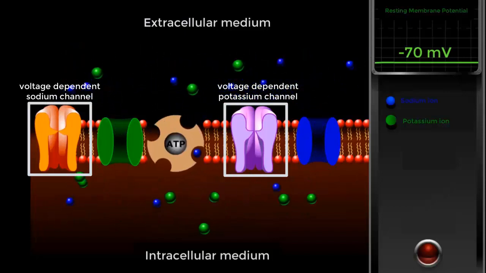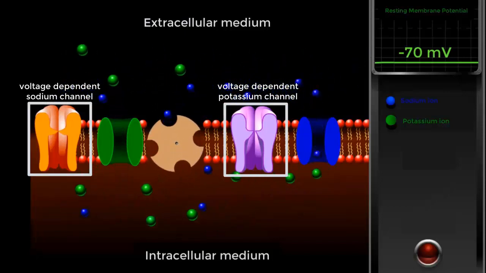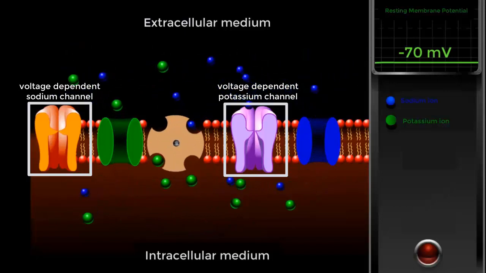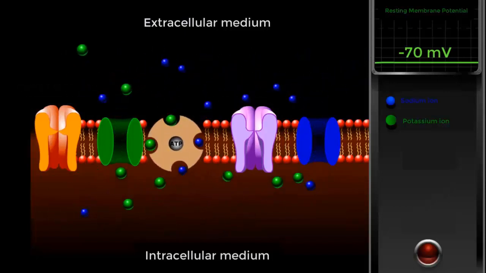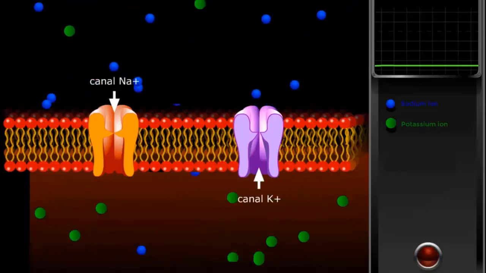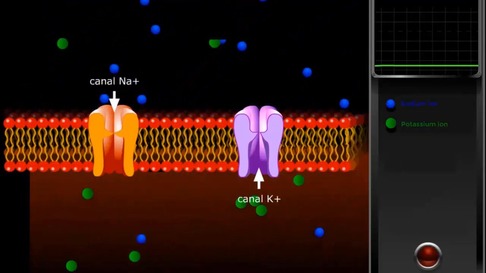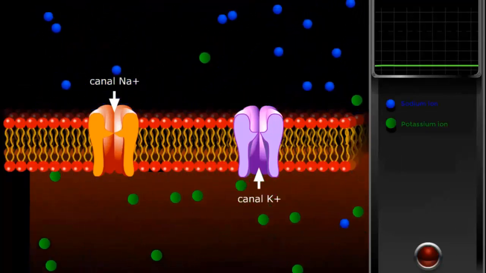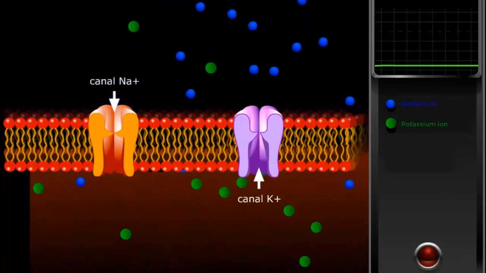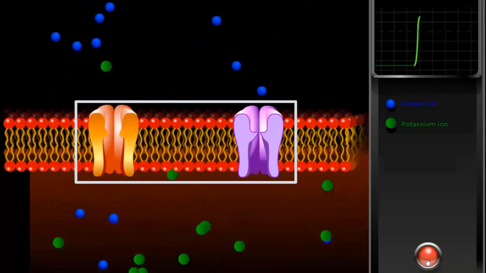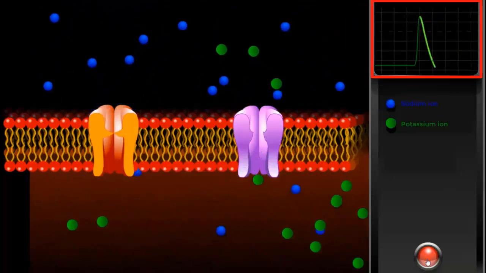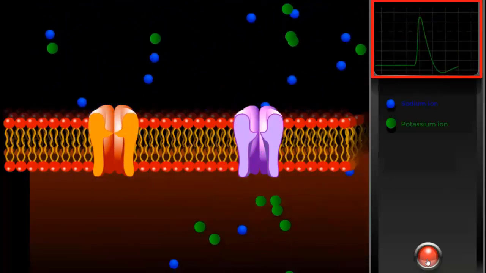I will hide the leak channels and the pump so that you can concentrate on the voltage-dependent channels, but if you don't see them anymore, it doesn't mean that they have stopped working, okay? Now, when I press the red button to electrically stimulate the axon, please observe the behavior of the voltage-dependent channels. Please notice the recording of the oscilloscope at the same time. Is it too fast for you?